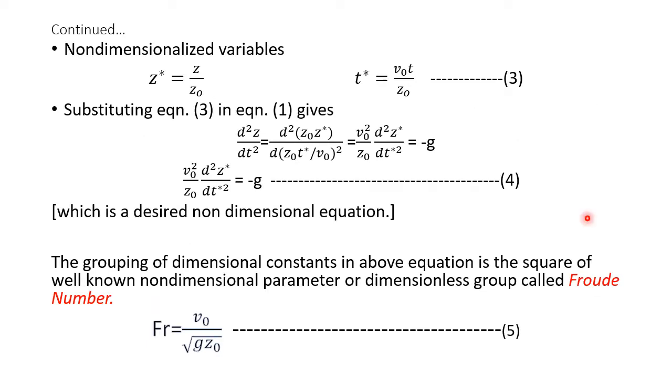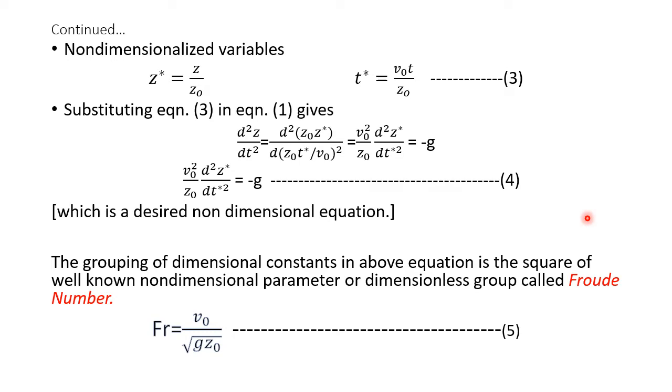So z and t are dimensional variables, meaning they vary in the problem. Out of 5 parameters, the only variables are z and t. The rest 3, that is z0, v0 and g, are constants. Now we need to non-dimensionalize z and t, and I have chosen the initial height z0 and initial velocity v0 as scaling parameters.